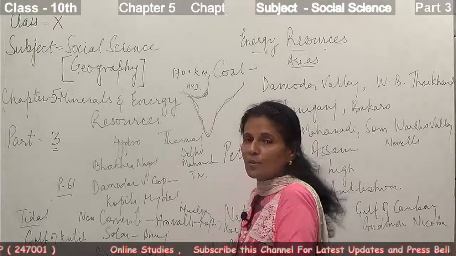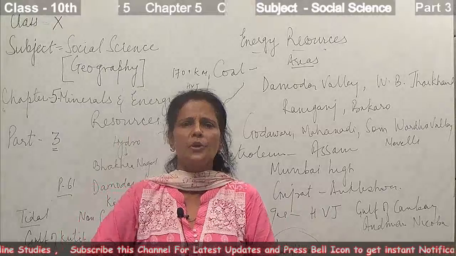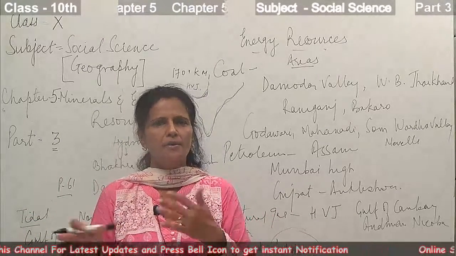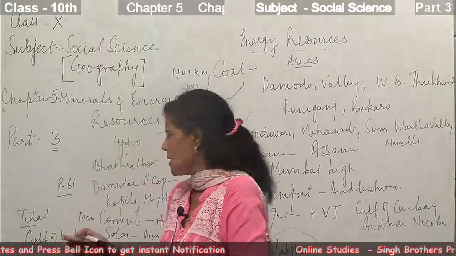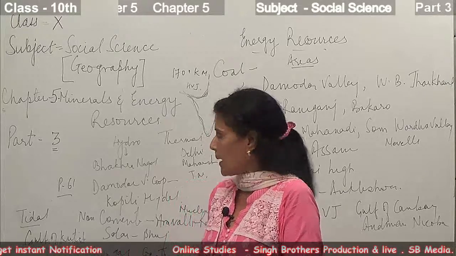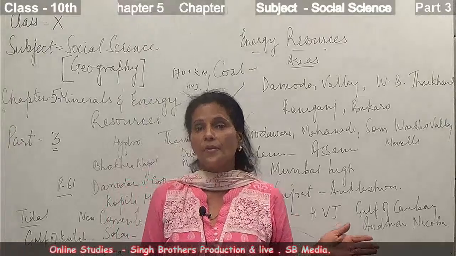Then we come to biogas plants. There are different biogas plants established in the villages. In most of the villages they use all the cattle dung, all the waste of the village is cleaned, as well as this good source of energy is provided to them. Then we have tidal energy, Gulf of Kutch, Gujarat, very rich.